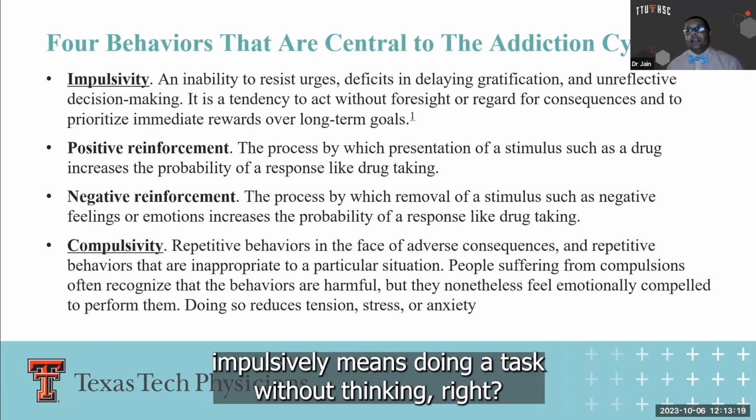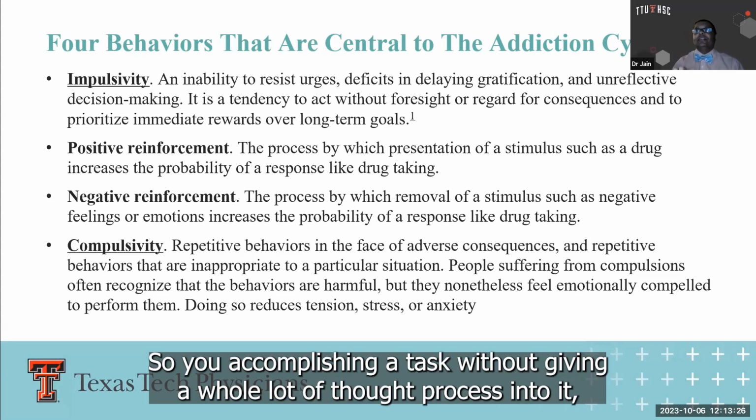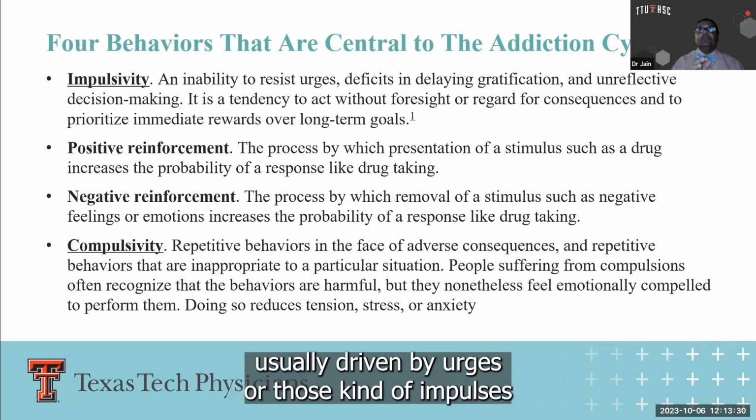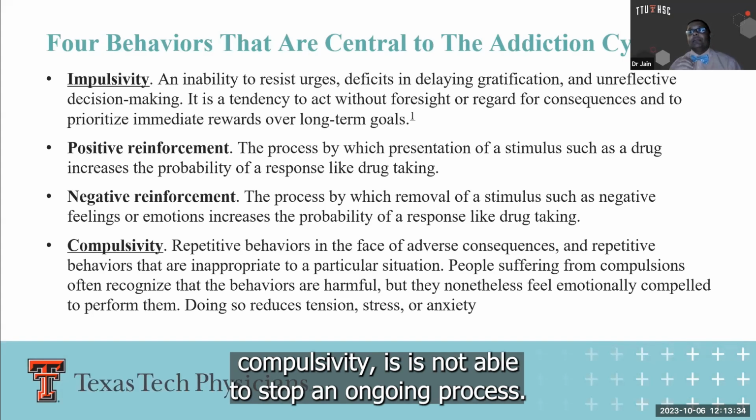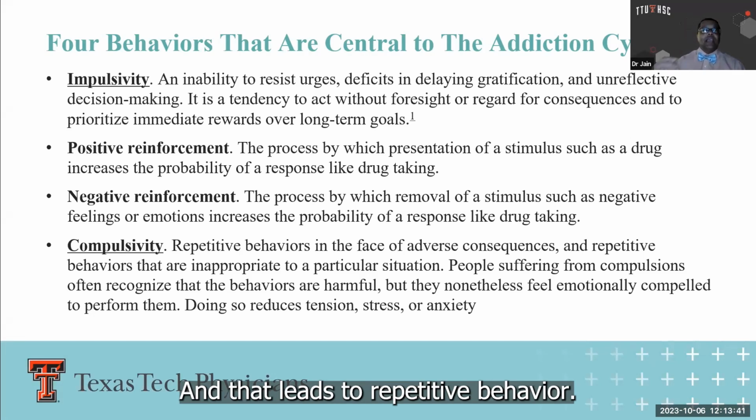Doing something impulsively means doing a task without thinking, without giving a whole lot of thought to it, usually driven by urges or impulses. Compulsivity is not being able to stop an ongoing process, and that leads to repetitive behavior.